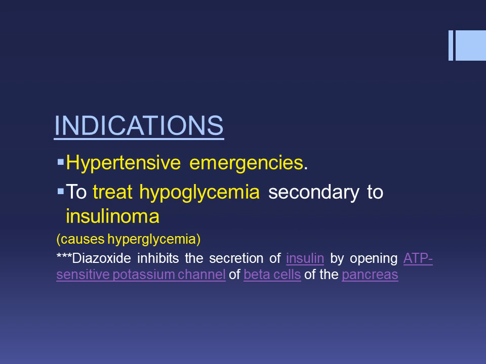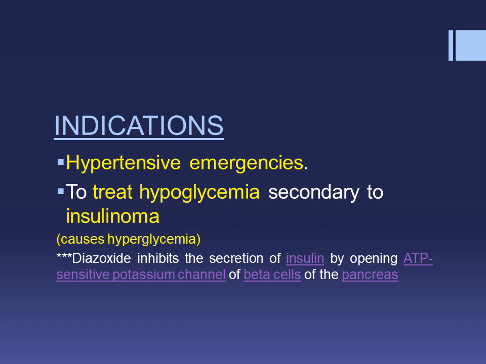And how does it cause hyperglycemia? Insulin secretion is dependent upon the ATP sensitive potassium channels when it is released through the beta cells of pancreas. So diazoxide inhibits the secretion of insulin, right? Since it's a potassium channel opener, it is going to inhibit the secretion of insulin by opening of potassium sensitive channels.